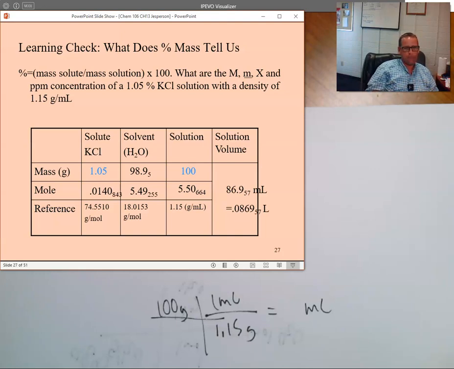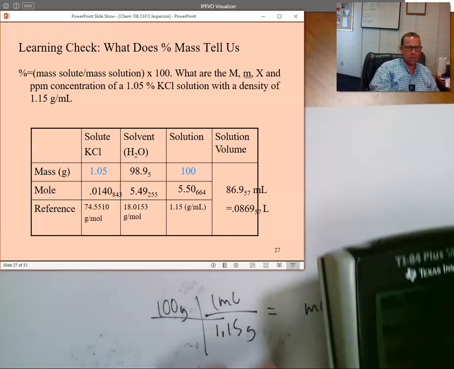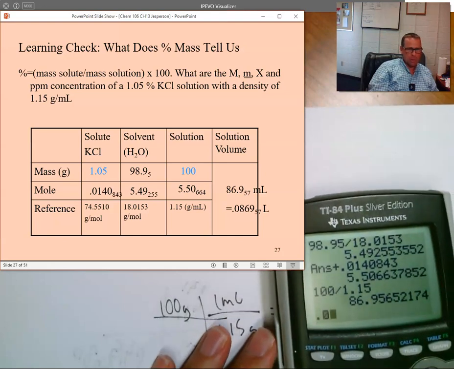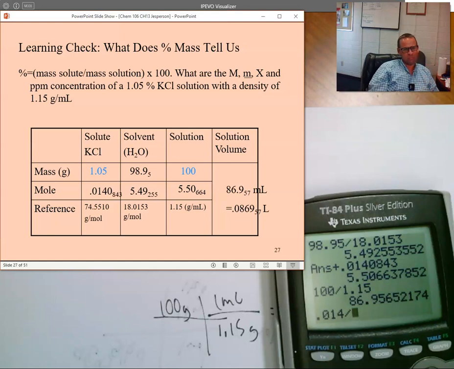You took the moles, which was 0.014, and divided it by what? Robert, you've got lots of noise going on there. Sorry.